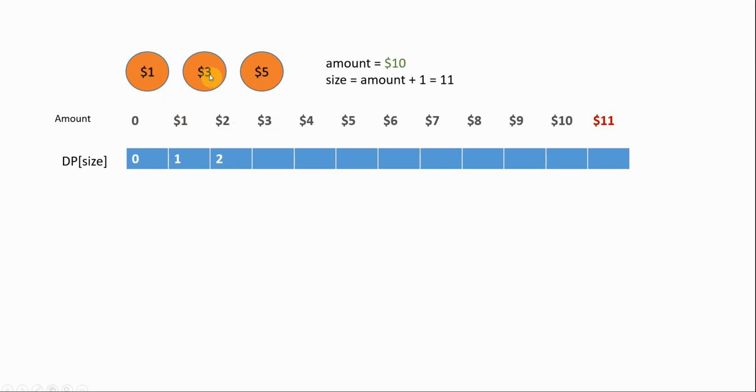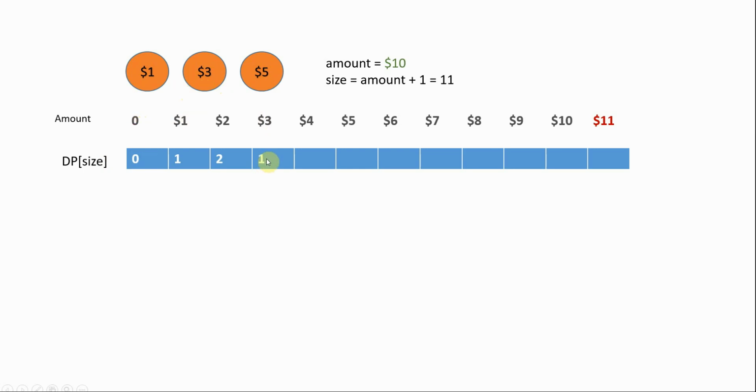Now can you take $3? Yes, you can because it's equal to or less than 3. So if you take this coin, you do 1 for that coin, and then what's remaining is 3 minus 3 is 0. So dp of 0 is 0. Now you just had to take one coin in this case, and that's less than the 3 before, so that's our min.